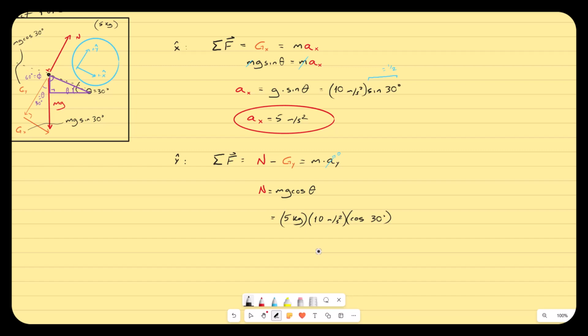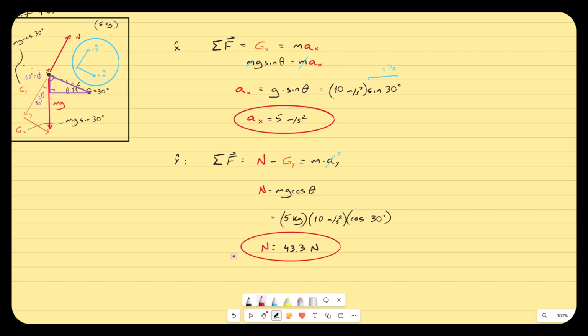Cosine of 30 degrees is 0.866 times 50 is going to be 43.3 newtons. That is my normal force, which is that contact force. And that's the whole problem.